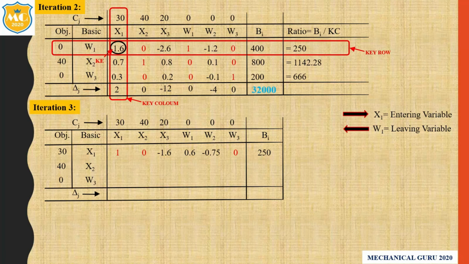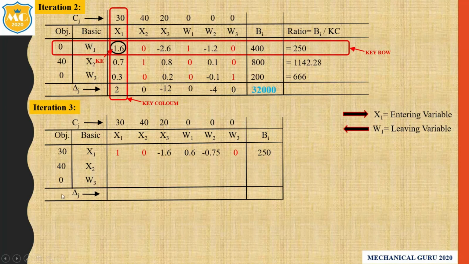One more thing I forgot in iteration 2: in an iteration we find out the zj value, but in iteration 2 we did not find the zj value, we went directly to find the delta j value.